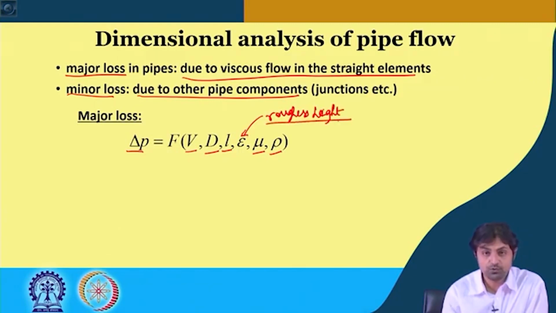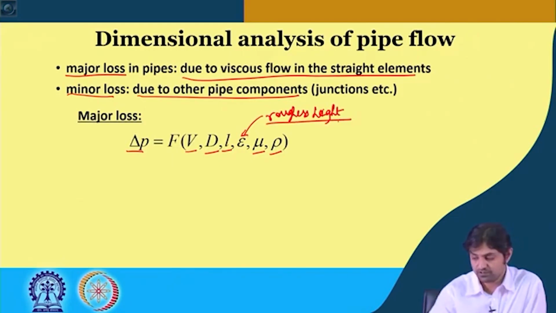Okay, this is a new thing that we are going to take into account. Earlier we said that the pipes were smooth, there were no roughness elements. So in principle there are roughness elements like this.